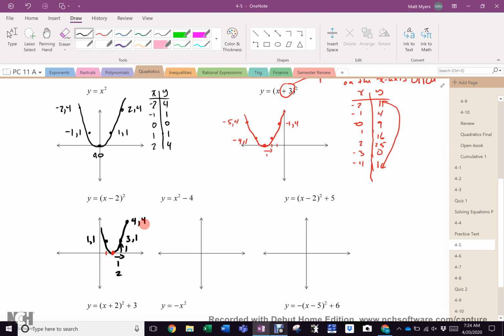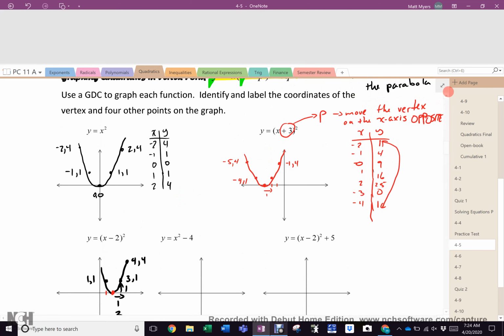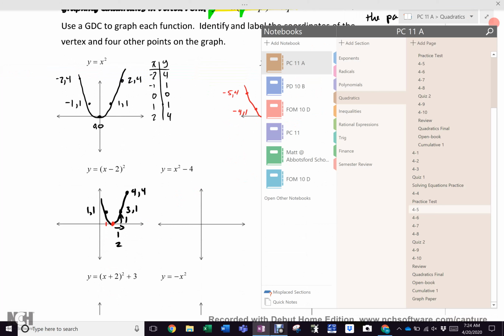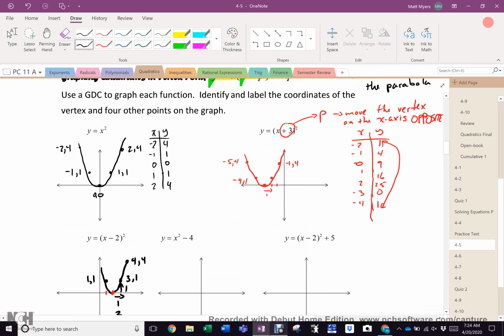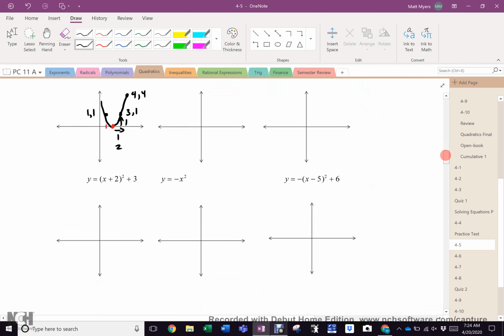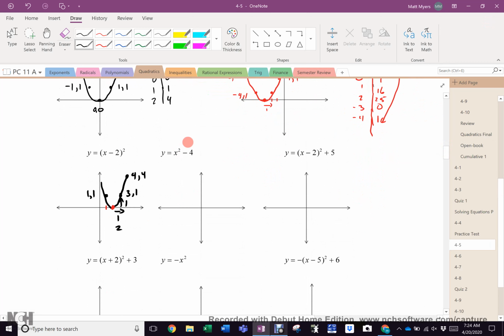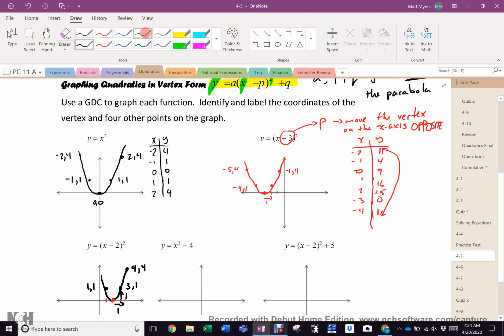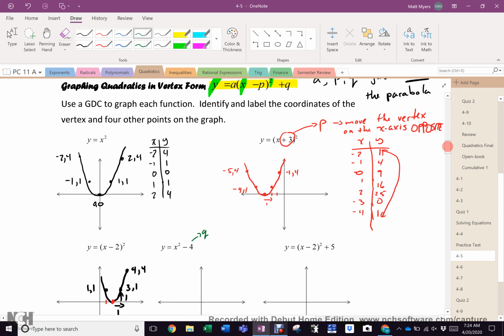Everybody good? Okay, now let's look at this one. Now this, you'll notice, this is a Q. And Q, you'll see, it'll make sense in a sec.